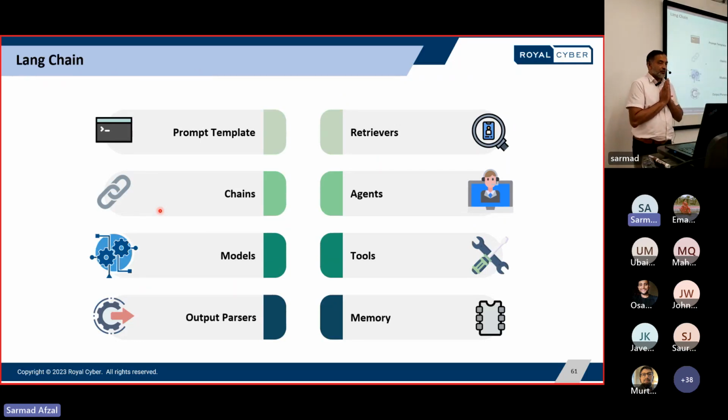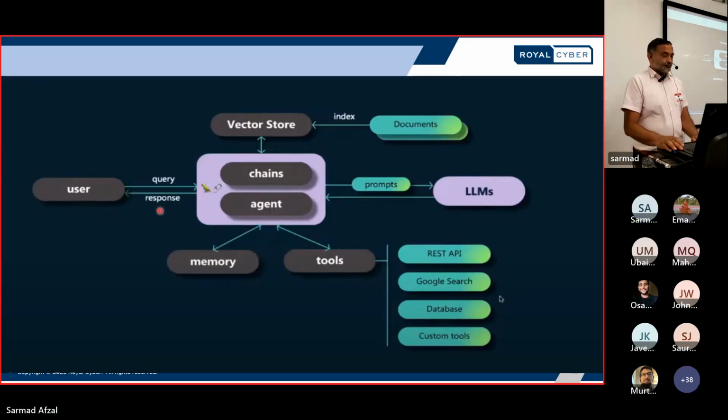Just to summarize, LangChain is a framework by which you can create LLM-based applications. Without it, it will be very hard. It's basically an open source framework which is available, and everybody is using that.